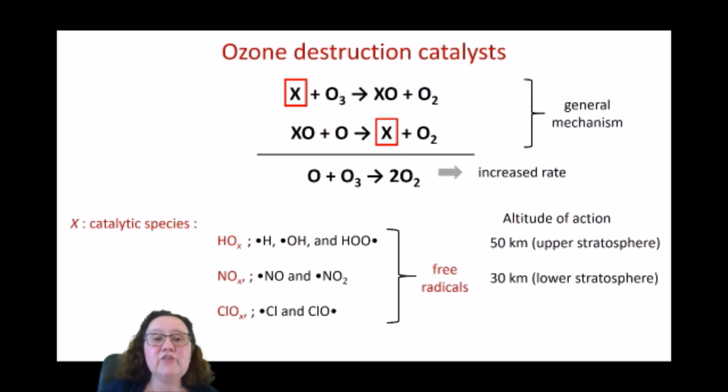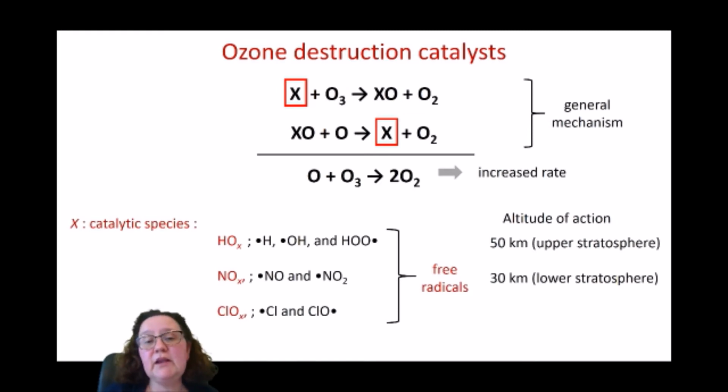There are species that can accelerate the destruction of ozone, the reactions that involve breaking down ozone, and we call those catalysts. They are catalytic species. They don't get destroyed in the process. They continue destroying more molecules of ozone.